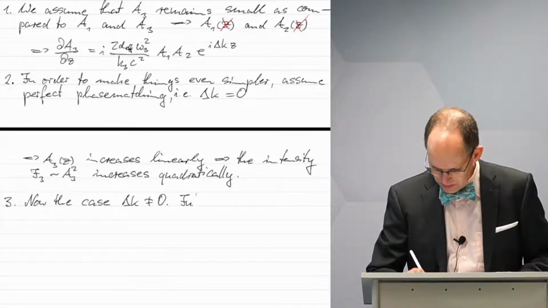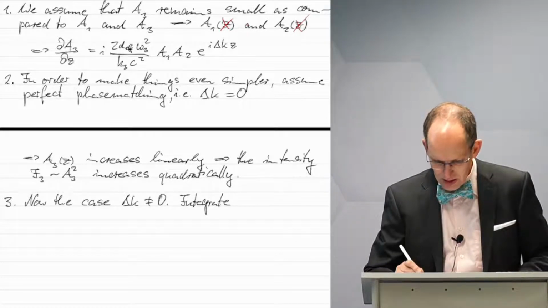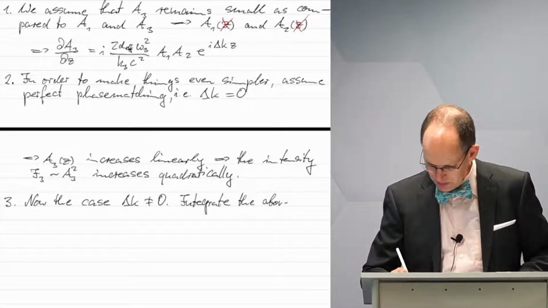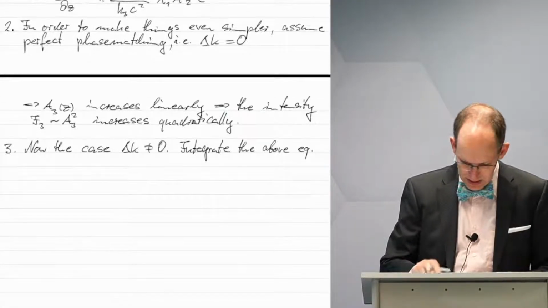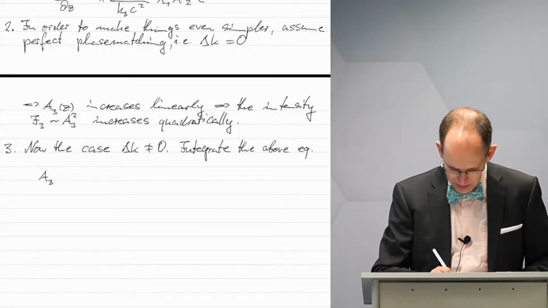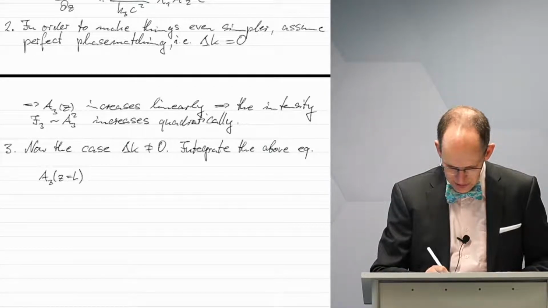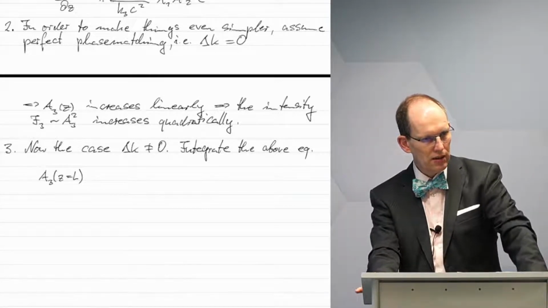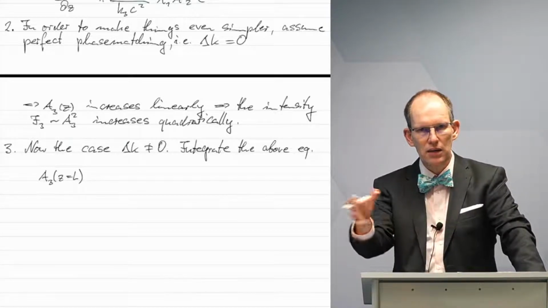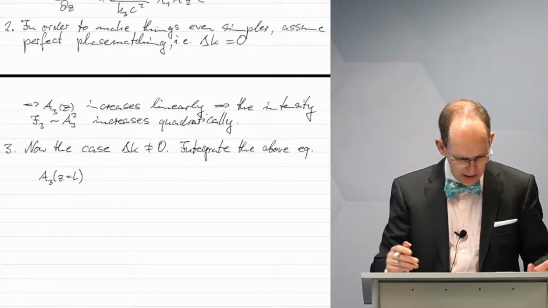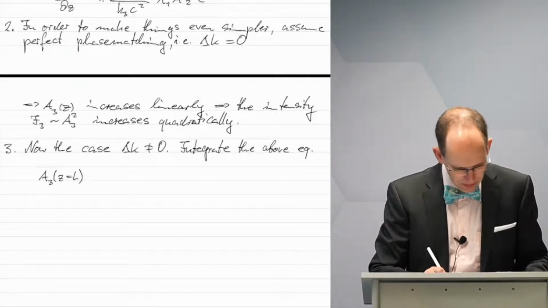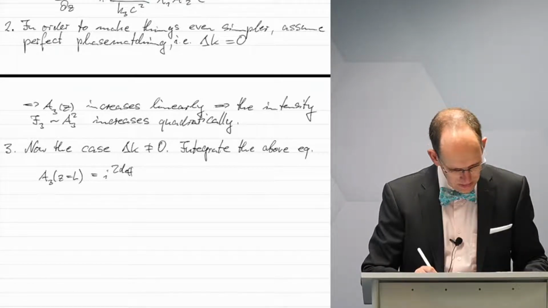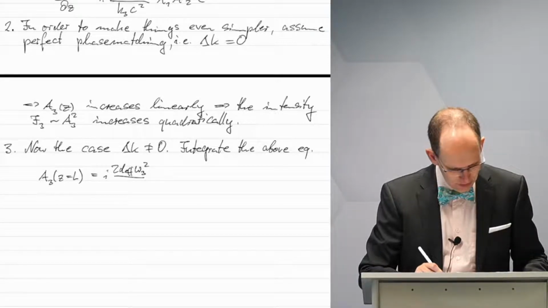So integrate the above equation, and then we would get A3 after some propagation through a certain crystal of length L. So we assume that we integrate along the path of the beam through the crystal, and the crystal has length L. We have all these constant factors that we can factor out and write in front of the integral.